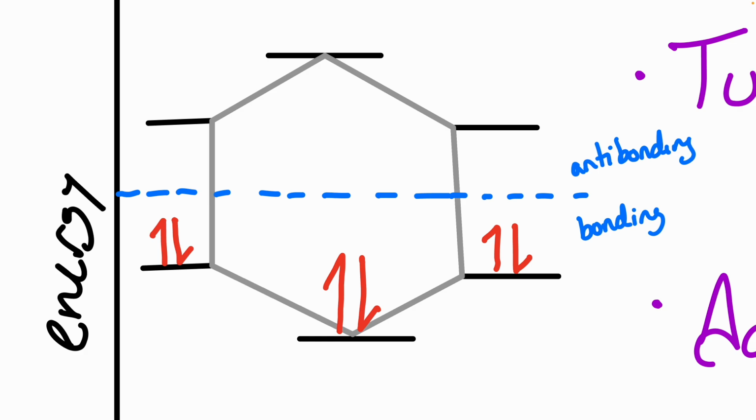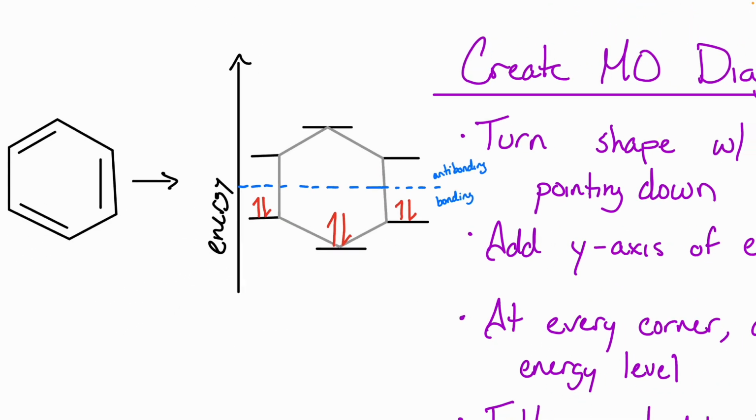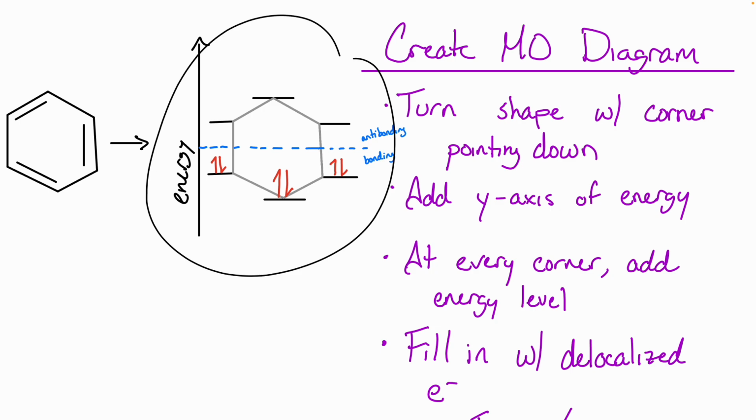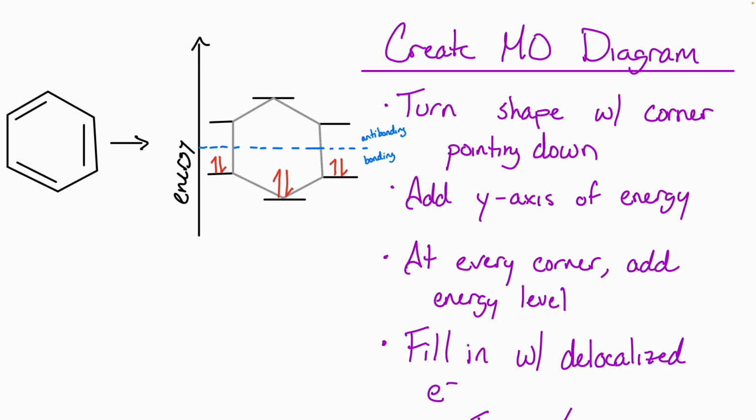So we can see in this case here, all of our electrons now live in these bonding orbitals in our molecular orbital diagram. All right. Cool. So we're going to revisit this and talk a little bit more about what feature it has that makes me know that this is an aromatic compound. But let's get another example here.